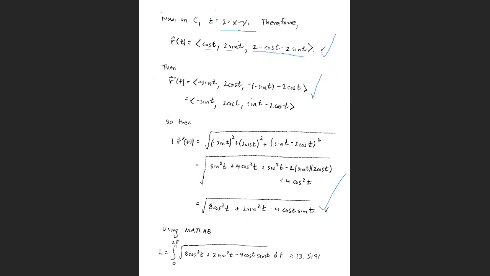You square each of the derivatives of the components, add them up, take the square root, and that gets you down here.